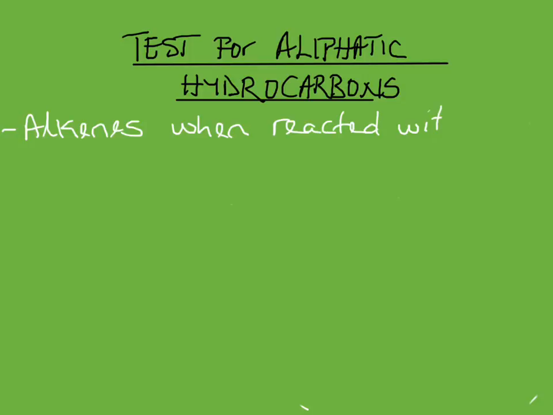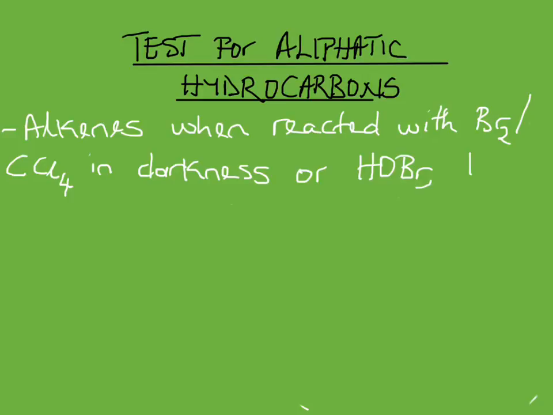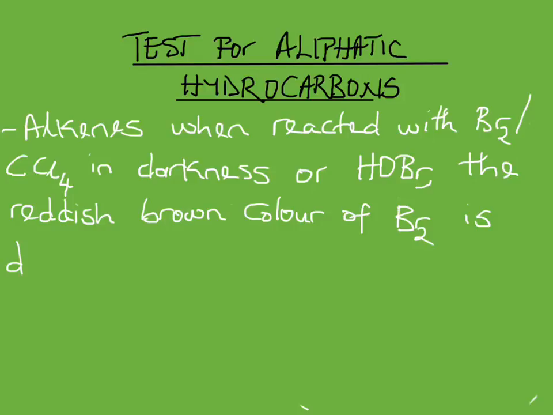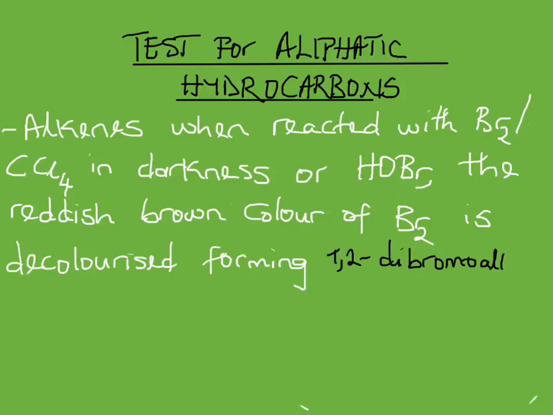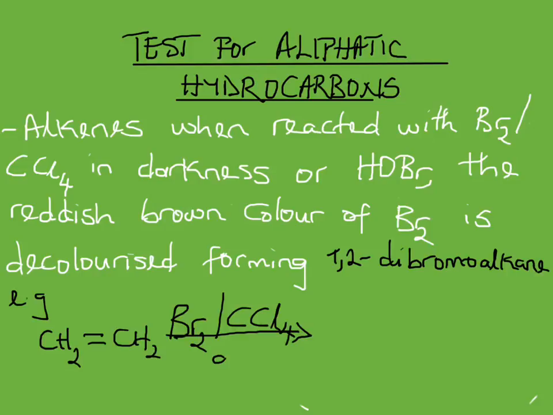Alkenes, when reacted with bromine in the presence of tetrachloromethane in darkness or bromine water, the reddish brown color of bromine is decolorized, forming 1,2-dibromoalkane. As you can see on your screen, just try to watch keenly and study.